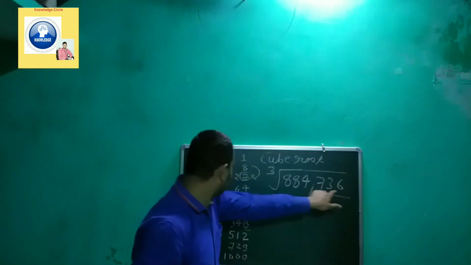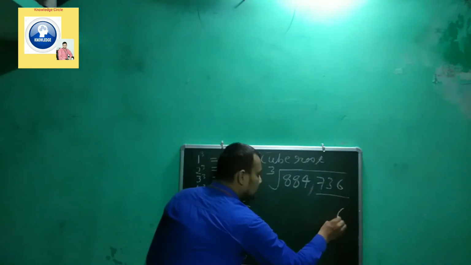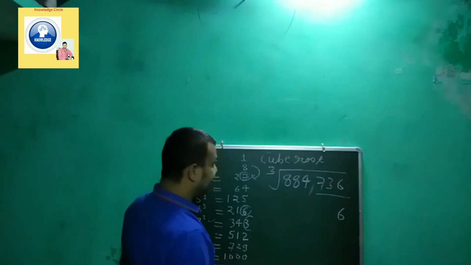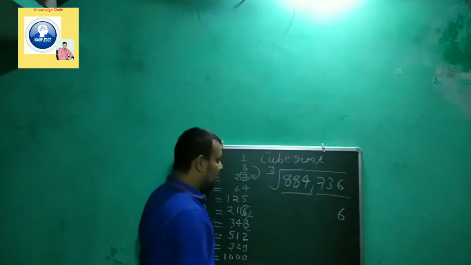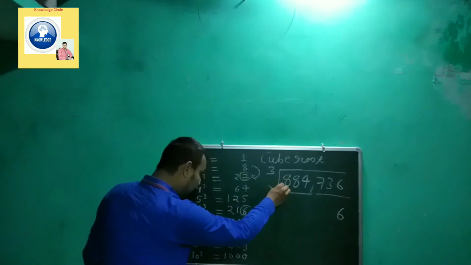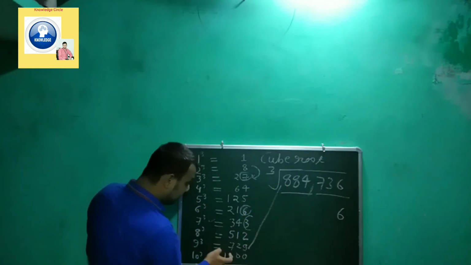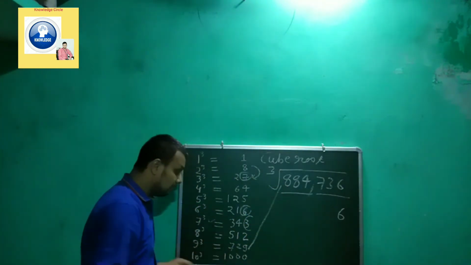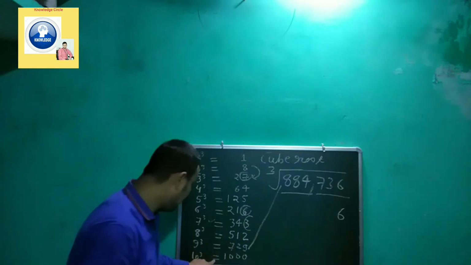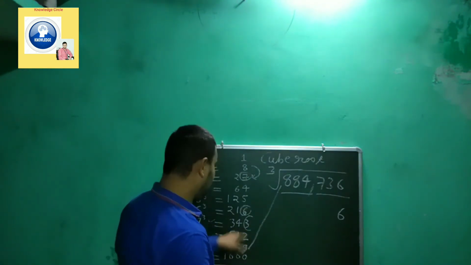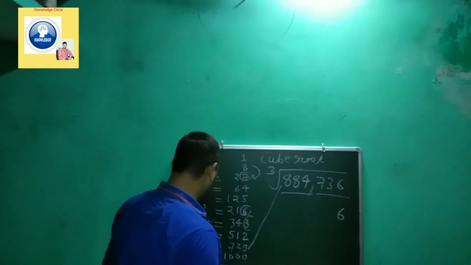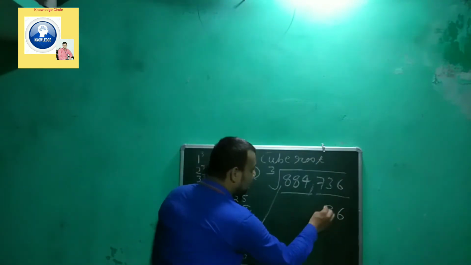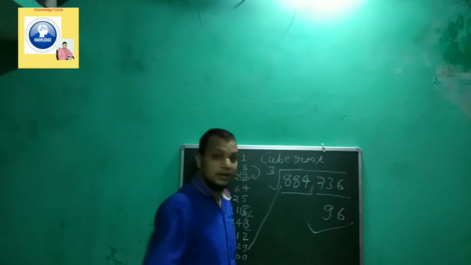Unit digit 6, so we write 6. 884 comes between 9 and 10. Because it is more than the 9th cube and lesser than the 10th cube, your answer will be 96.